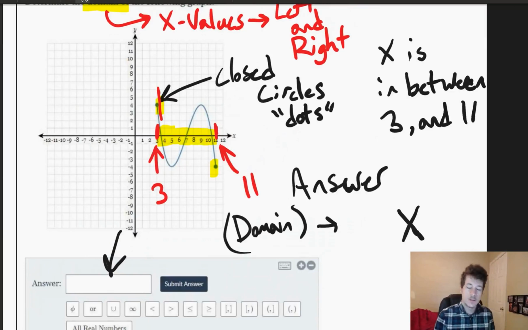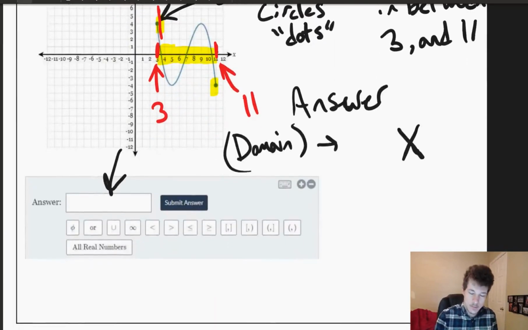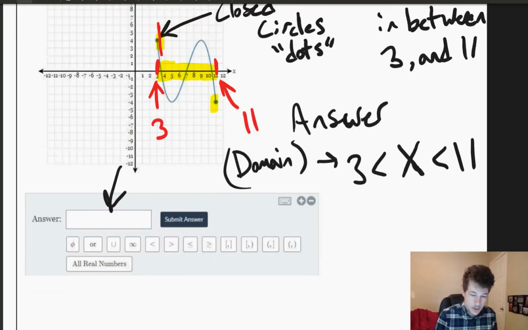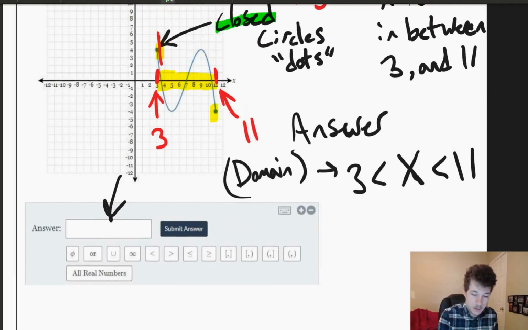The way to write that in math is to say that x is in between, so you draw your little alligators. This is a compound inequality: x is in between 3 and 11. Now, you might notice that I could use less than or greater than on the keyboard down here, but in fact, since we have closed circles, we have to use less than or equal to.